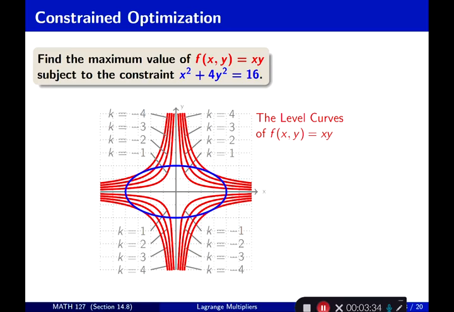In the second and fourth quadrants, which are the different pieces of the same level curve, the values are getting smaller and smaller, bigger and bigger negative values, as you get away from the origin.